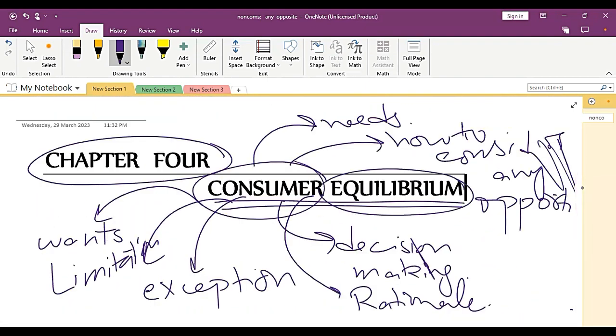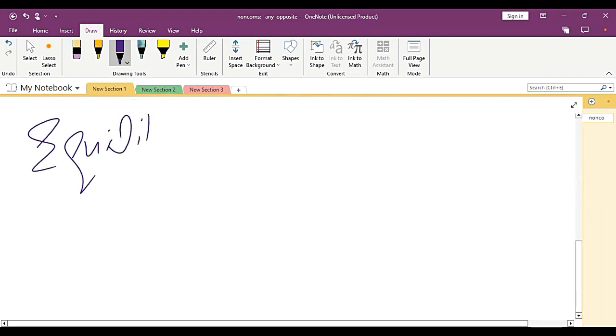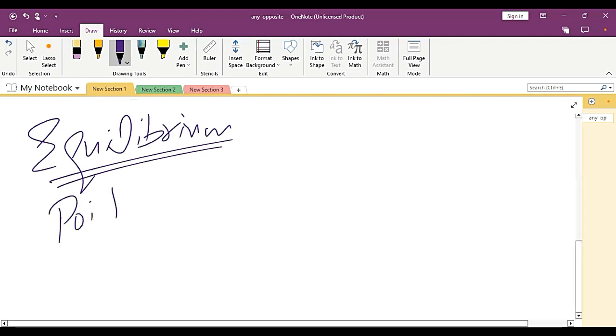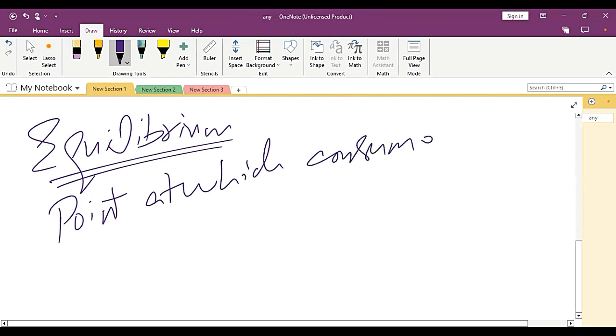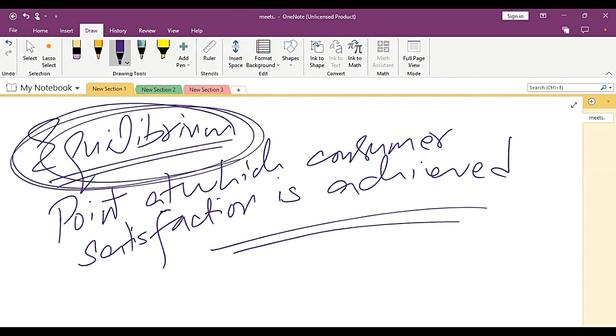So, equilibrium refers to the point at which the consumer's satisfaction is achieved, and he wants to continue at such a point level where his satisfactions are being achieved through the utilization of minimum or justified resources.